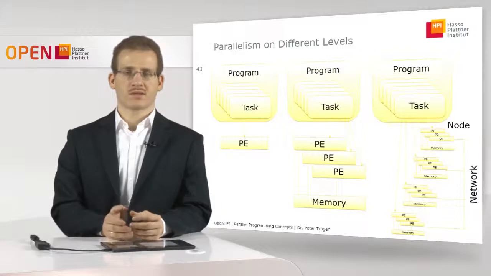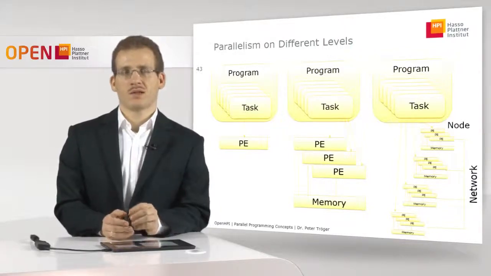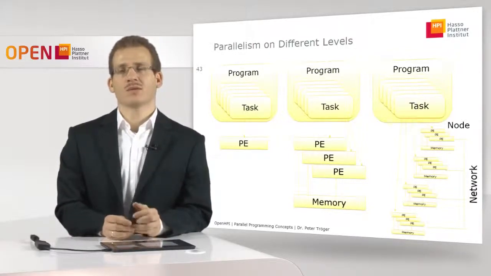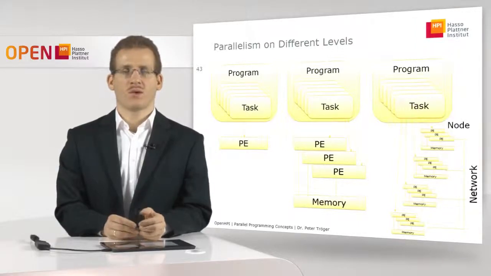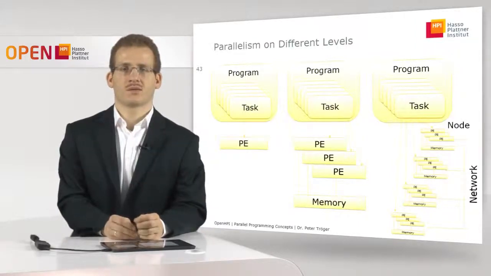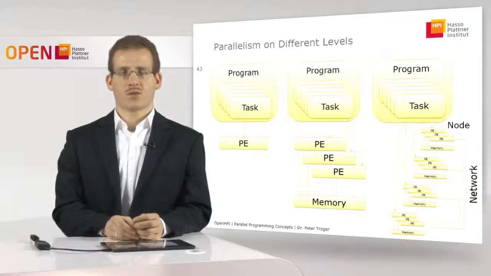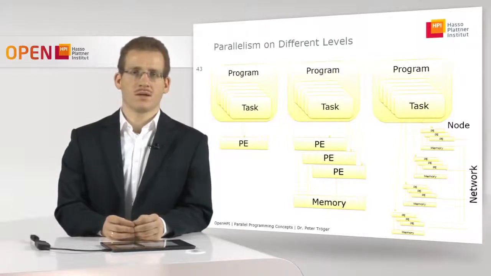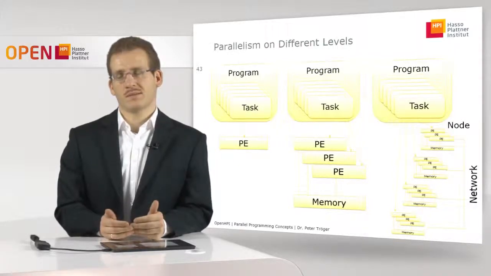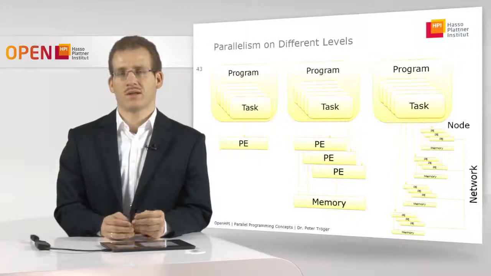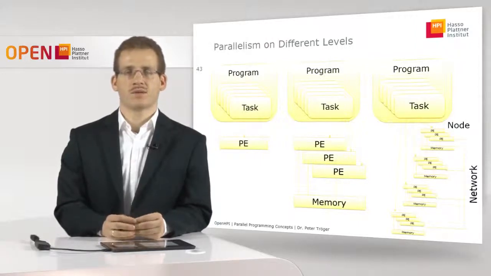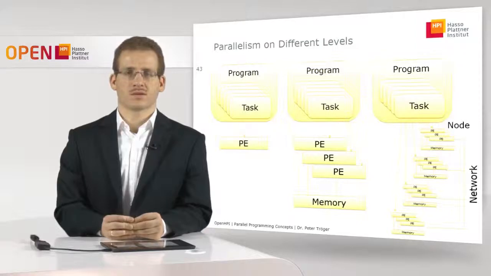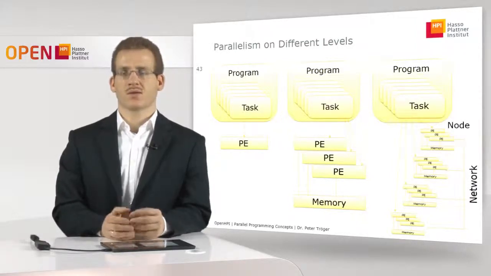Parallelism on different levels starts on the lowest level, where we have one processing element, one piece of hardware, one core that allows us to run instructions, and now we take our program and divide it into multiple tasks, and these tasks are then enabled to run on this processing element. Here, mechanisms such as ILP may already kick in that allow you to speed up the execution. Otherwise, the concurrency features of the operating system will allow you to run all these tasks in a concurrent fashion on the processing element.